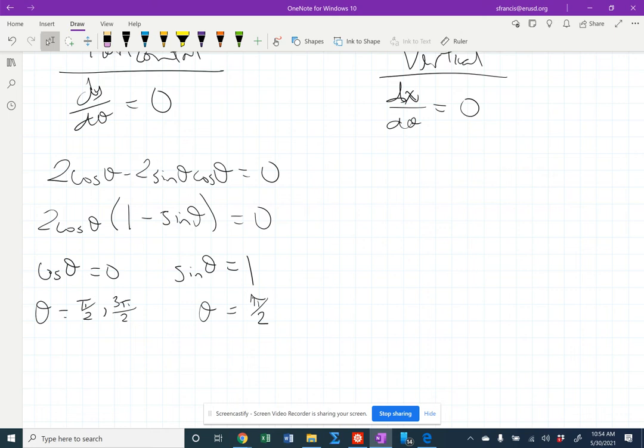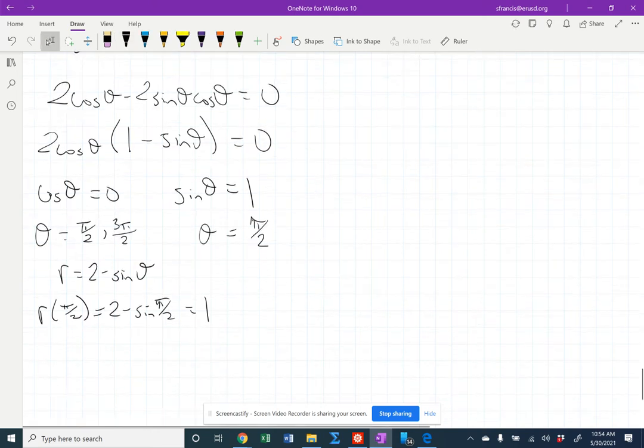I'm just double checking that all this makes sense. Okay. So what are the coordinates of the point? So remember, r is equal to 2 minus sine of theta. So r of pi over 2 is going to be 2 minus the sine of pi over 2, which is going to be 1.